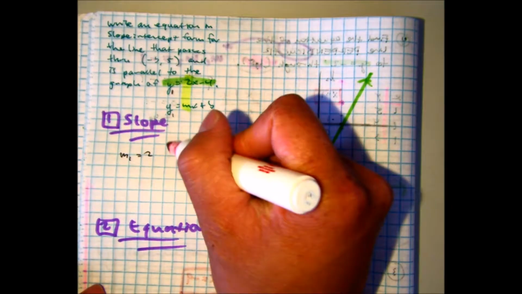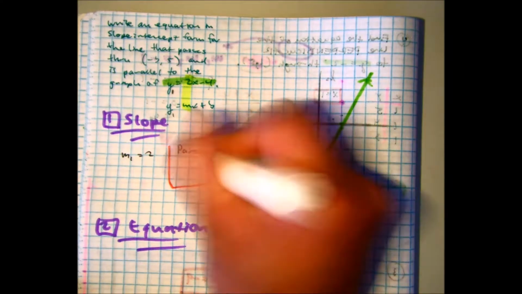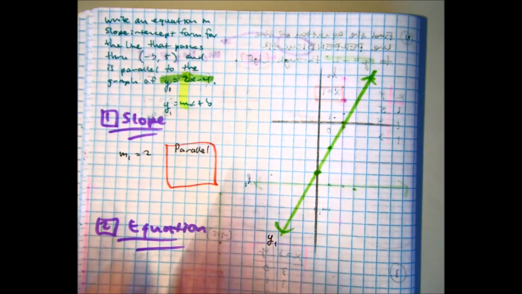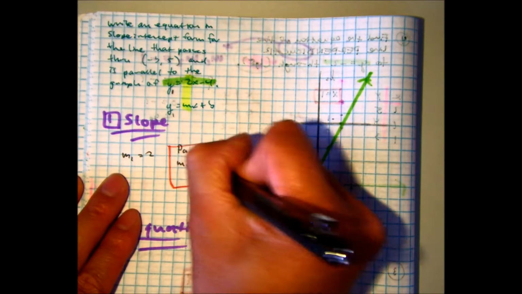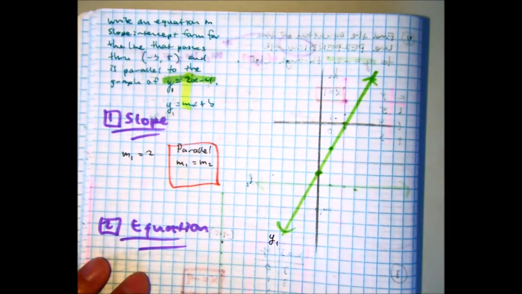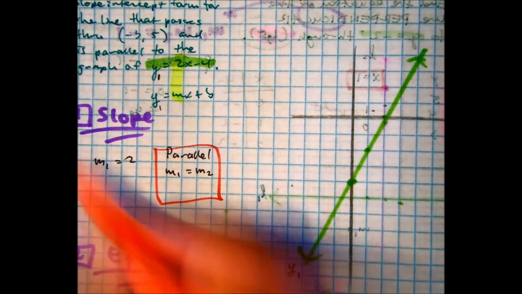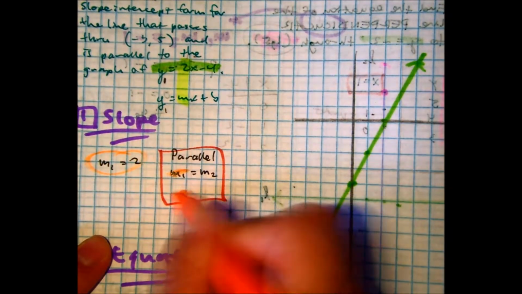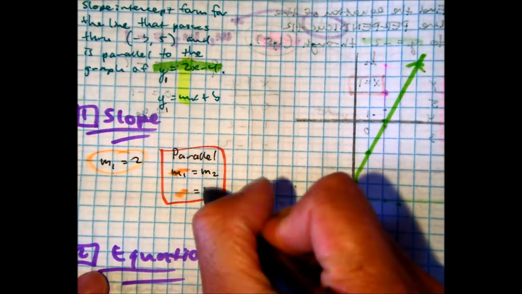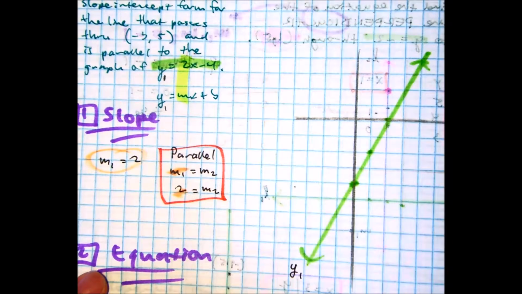Class, what do you know about their slopes? They're the same. M1 equals M2. Therefore, if I do a substitution, if I put in M1 here, what do you notice about slope 2? It's also 2.